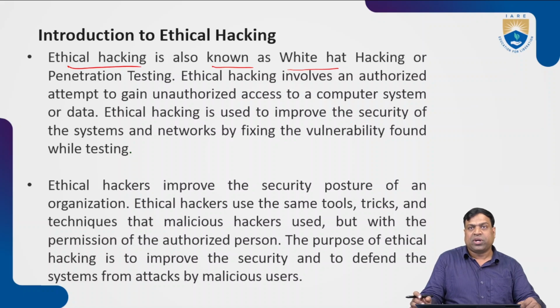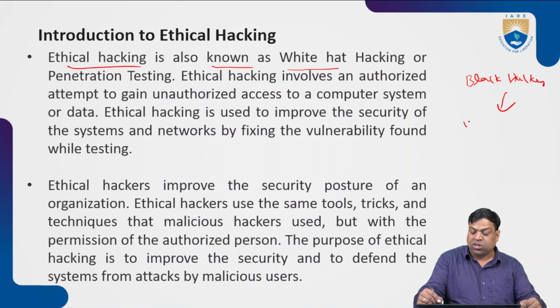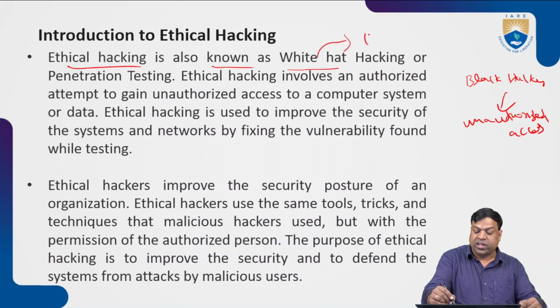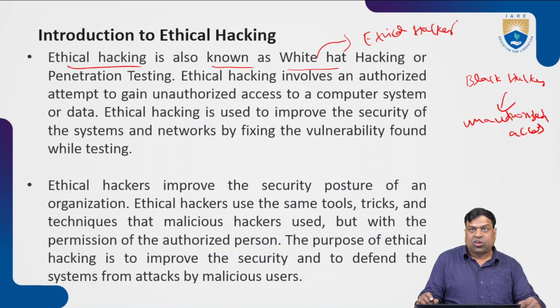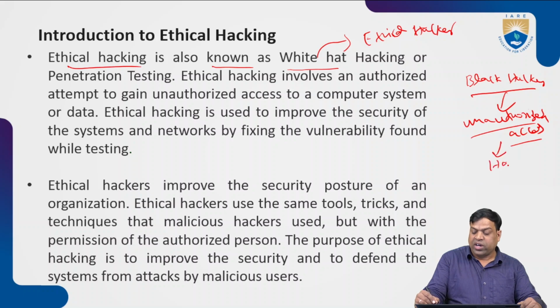Black hat hacking is nothing but unauthorized access, by a hacker or cracker. So the white hat hacker is called an ethical hacker. The black hat hacker gains unauthorized access to the organization, and we call them a hacker or cracker.